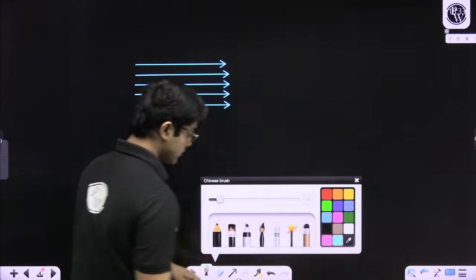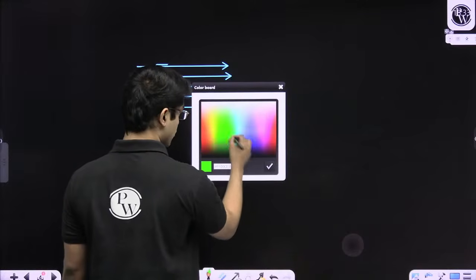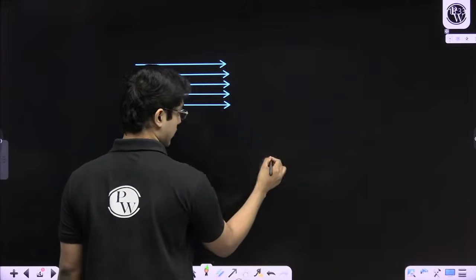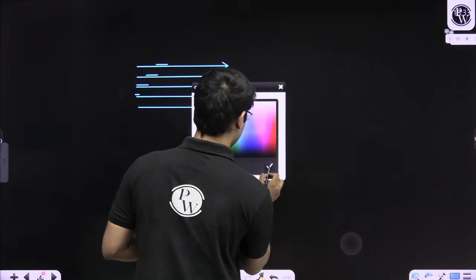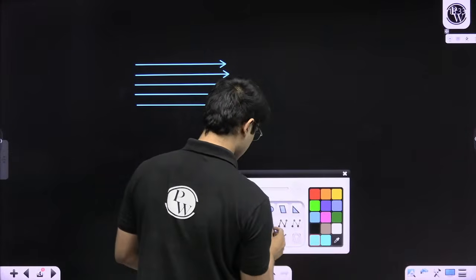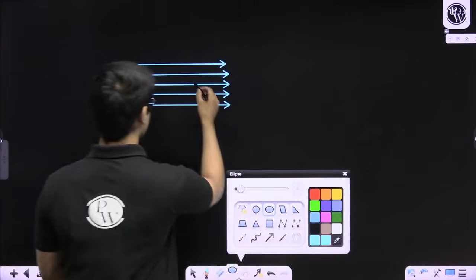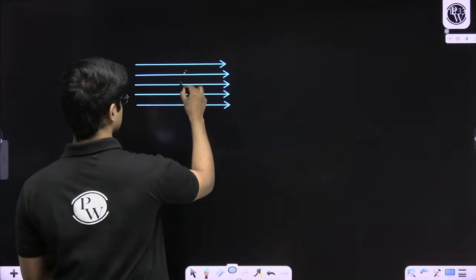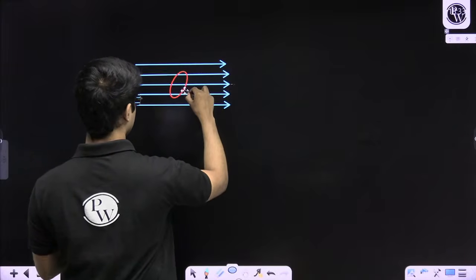Electric flux, if you have studied it before, you may already know it has to do with the number of field lines crossing an area. So we will choose an area of cross section here, some area like this.